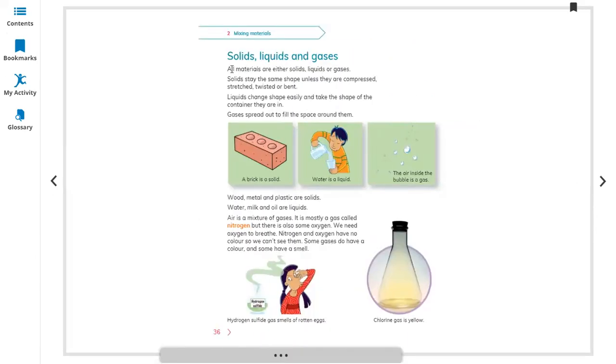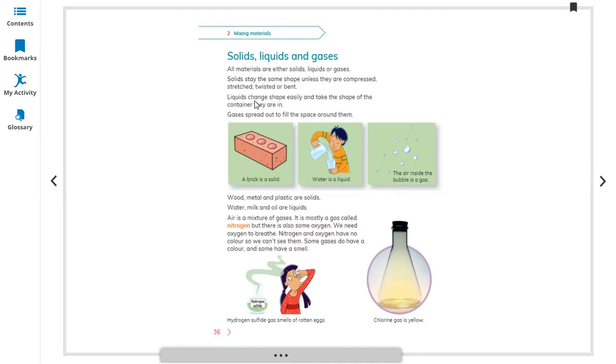So let's start: solids, liquids and gases. Page number 36. All materials are either solid, liquid or gas. Solids stay the same shape until they are compressed, stretched, twisted or bent. So you can change the shape of a solid using these methods: compress it, stretch it, twist it or bend it, with the help of your pressure.